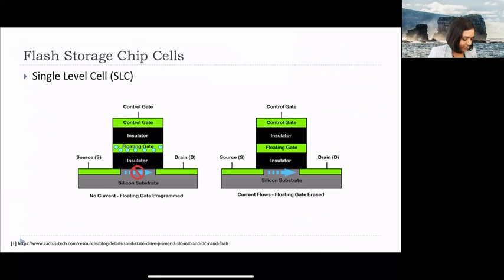So as promised earlier, let's first look into the NAND cell and what it constitutes of, how it works. A NAND cell is the smallest unit, a transistor that is responsible for storing a single bit, 0 or 1.